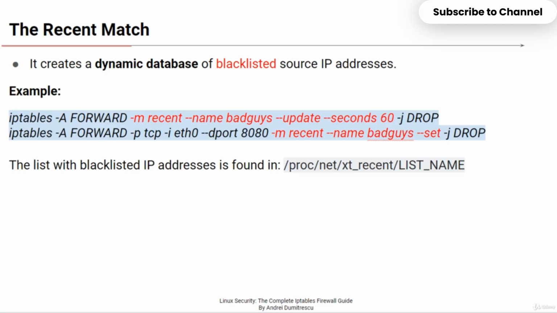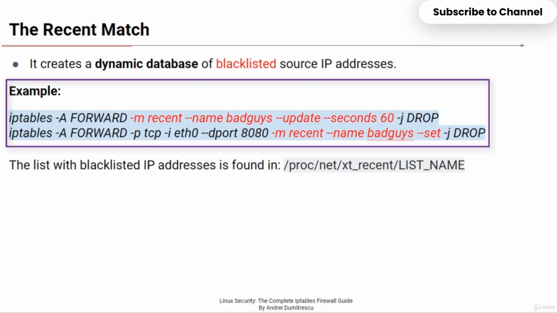We could, for example, build a dynamic database of IP addresses that have scanned our server and then drop all traffic coming from those IP addresses. Let's take a look at this example and I'll start with the second iptables rule, which is dropping routed traffic entering interface called eth0 if the protocol is TCP and the destination port is 8080.